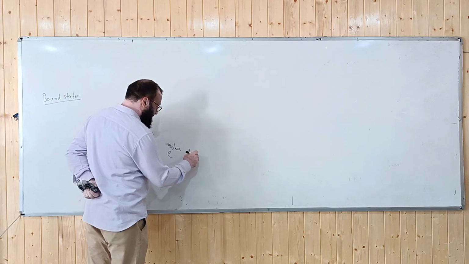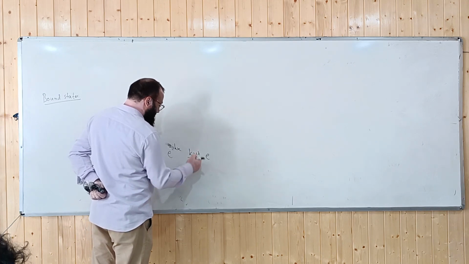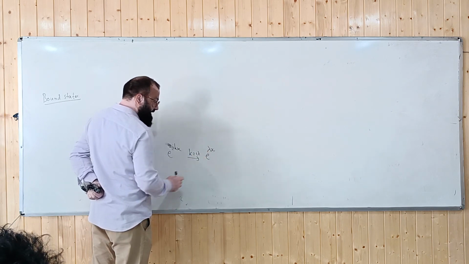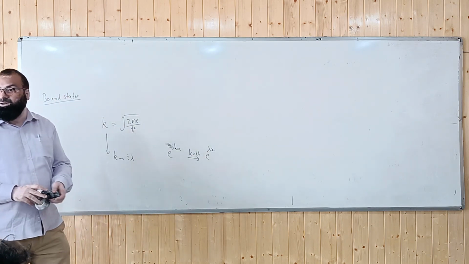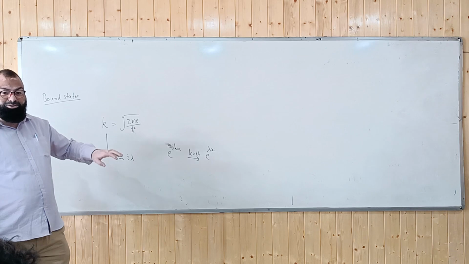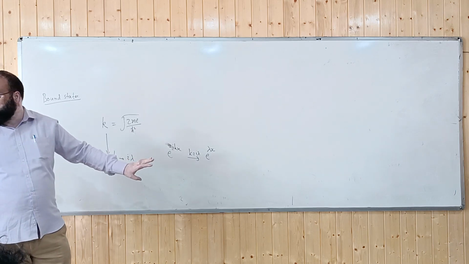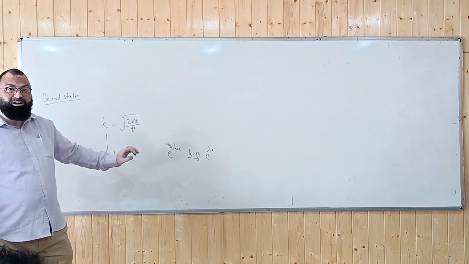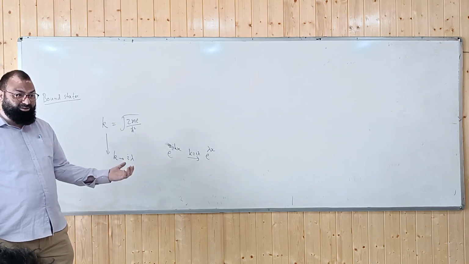If I use k equal to i lambda, then e raised to the power of that will simply be e to the lambda x. It means it is normalizable. Certain solutions can be normalizable and others cannot.